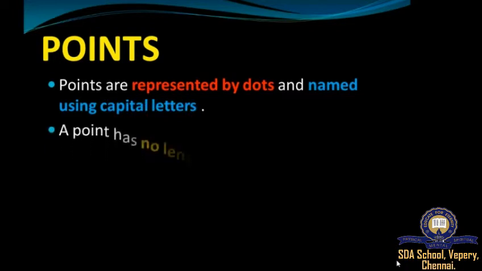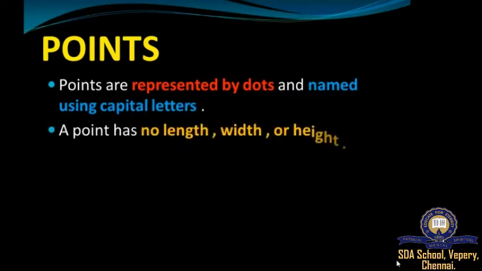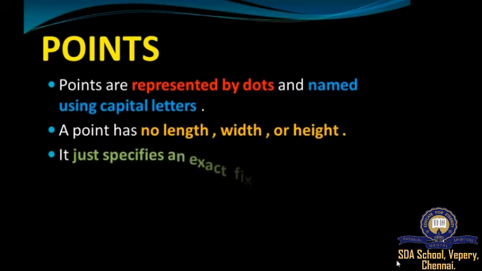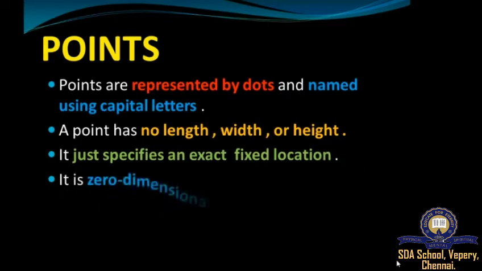A point has no length, no width and no height. A point just specifies an exact fixed location and is zero dimensional.